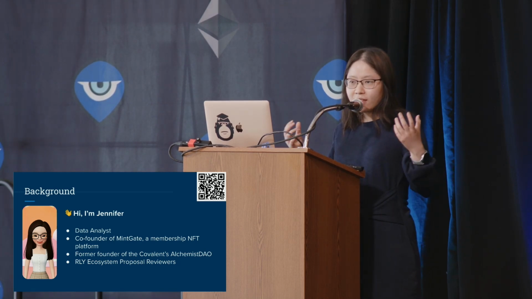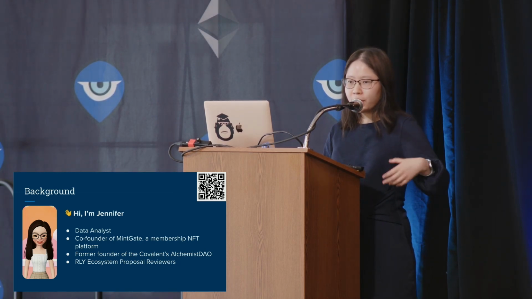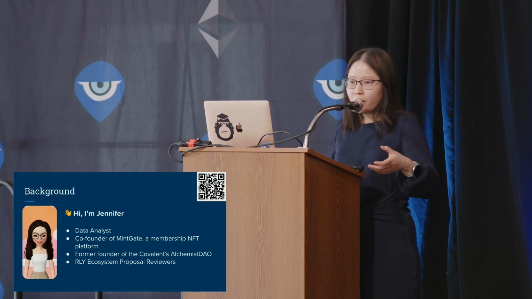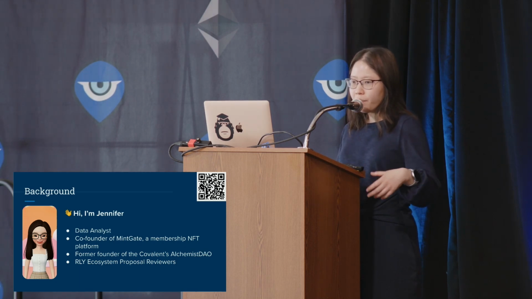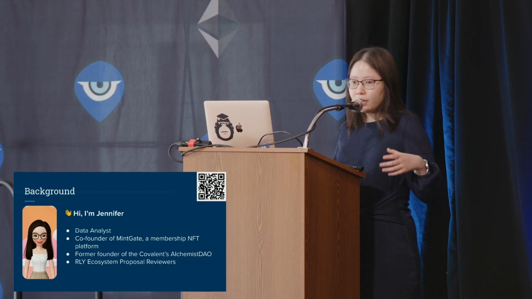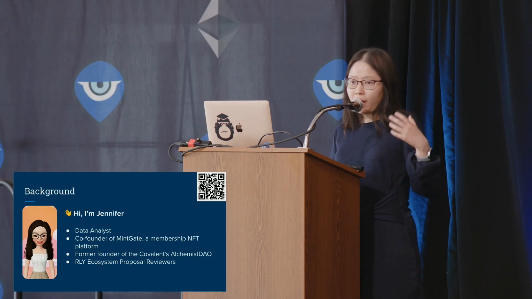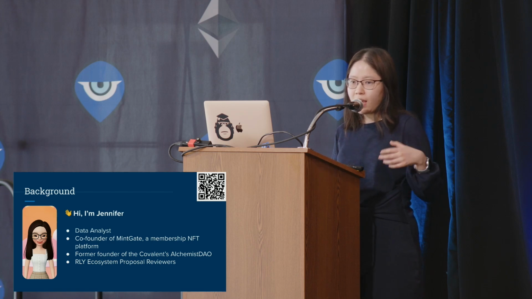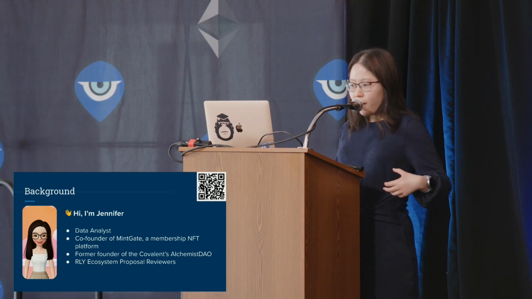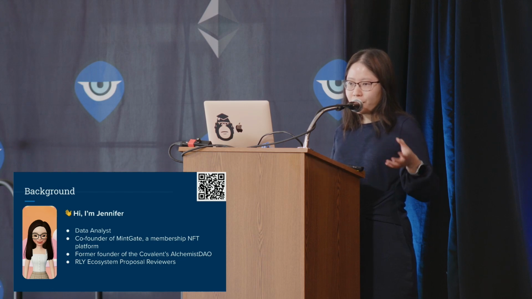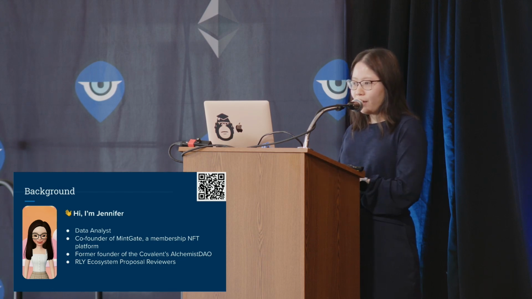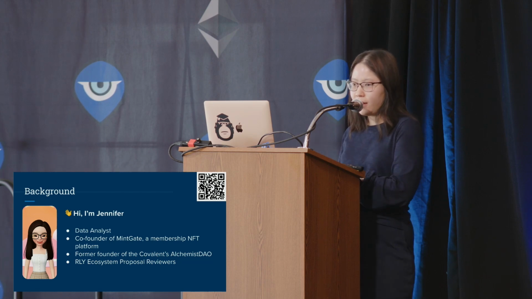I joined their community and was part of their ambassador program and learned other dev toolings in the Web3 space through their bounty and ambassador program. Ultimately, as a data analyst, I had to become a developer to really participate in this space and also get the data that I needed.